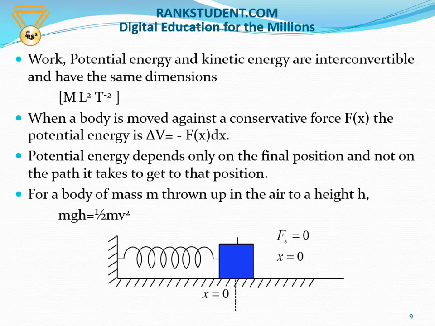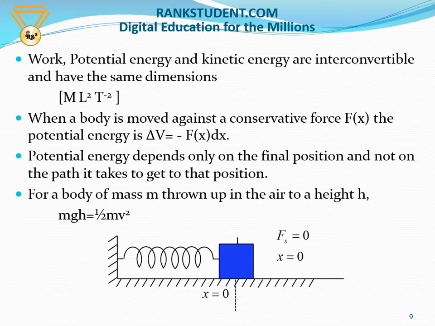Work, potential energy, and kinetic energy are interconvertible and have the same dimensions, and the dimensions are mL²T⁻². When a body is moved against a conservative force Fx, the potential energy is ΔV = -Fx dx.